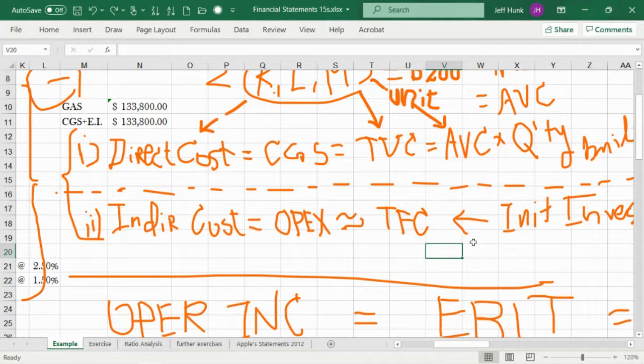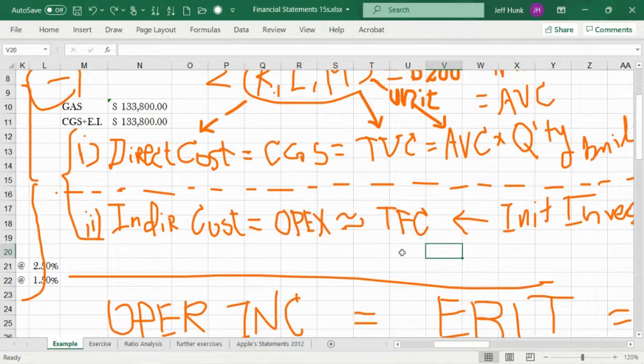Whereas indirect cost is called total fixed cost because it's constant. It may change one day, but the cause of change is not the production level.